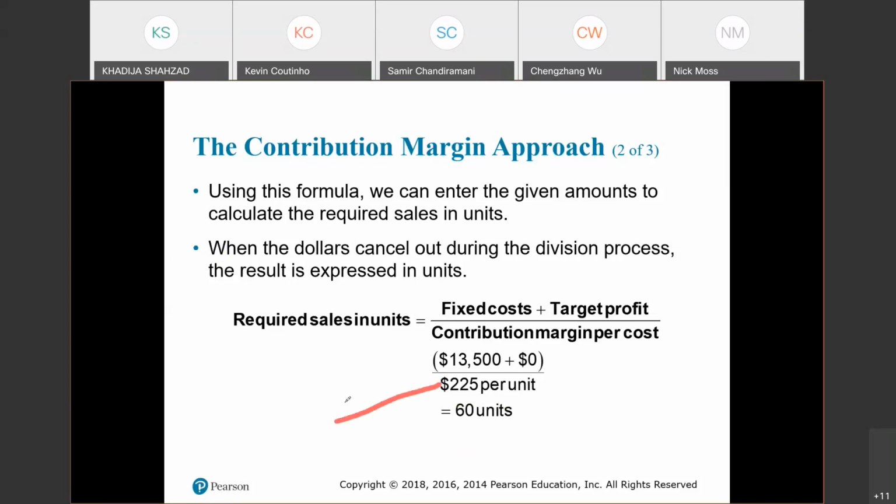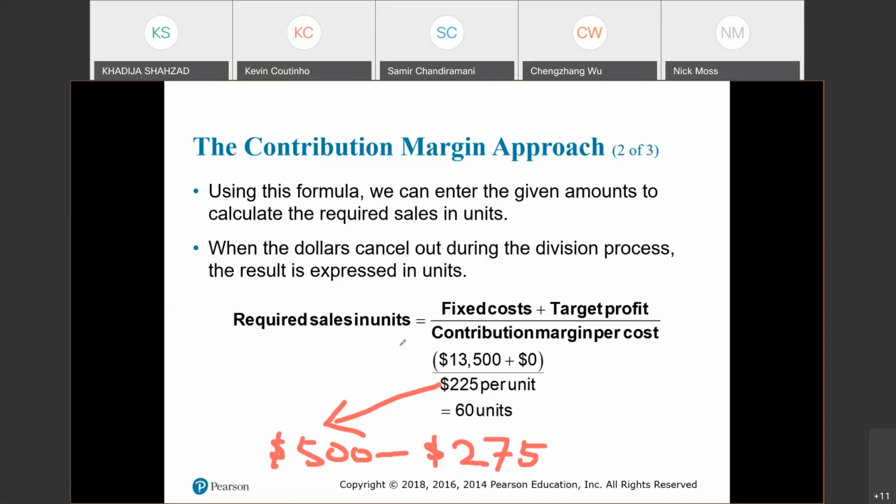So this is how we get the contribution margin per unit. 225 equals $500, which is the selling price per unit, minus $275, which is the variable cost per unit.